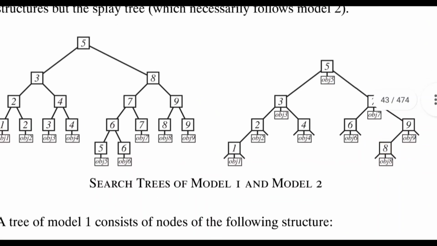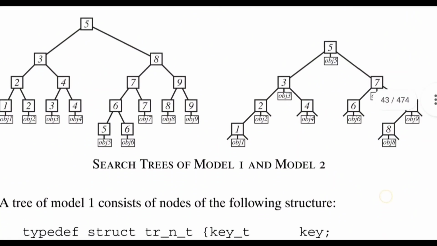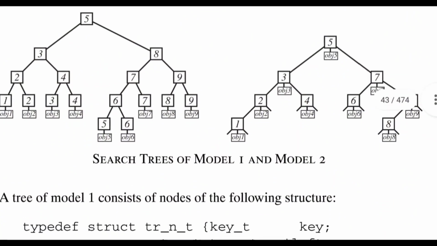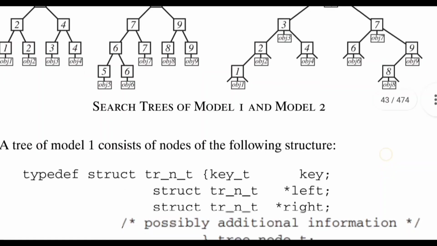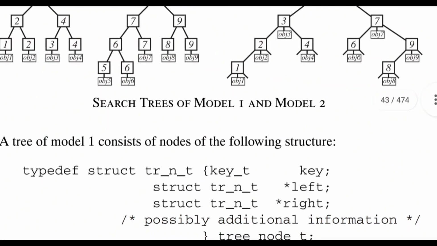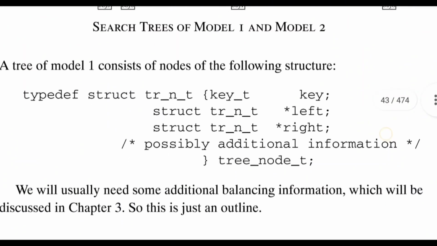These contain the values and the objects, and they are built according to the rules of model 1 and model 2. In this diagram, you can easily differentiate between model 1 and model 2, and this also consists of the following structure displayed on the screen.